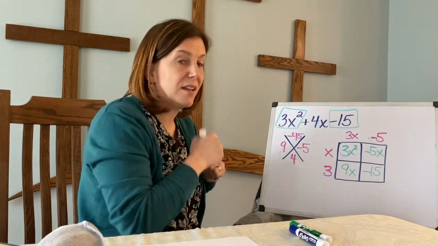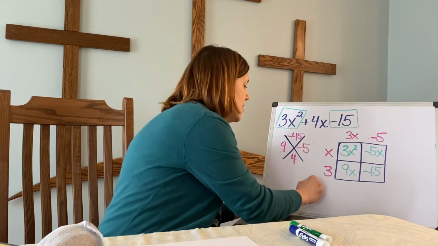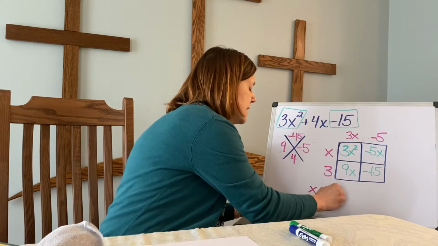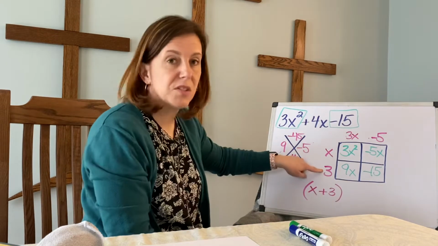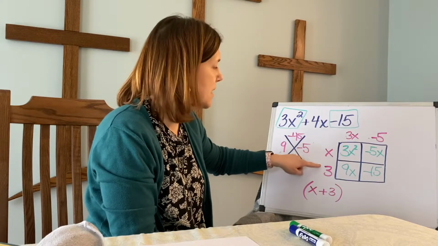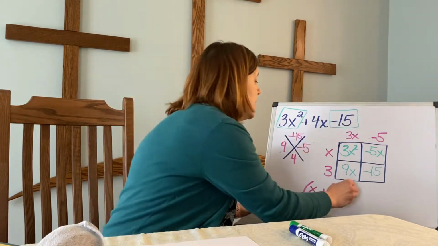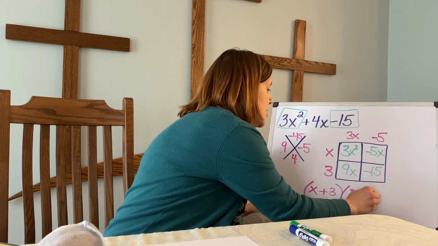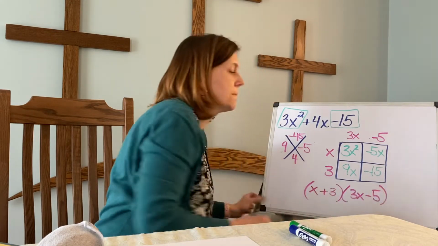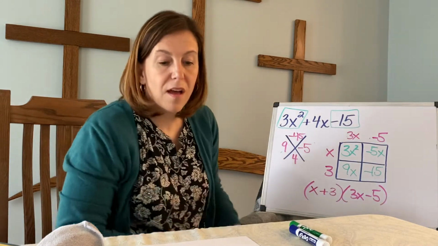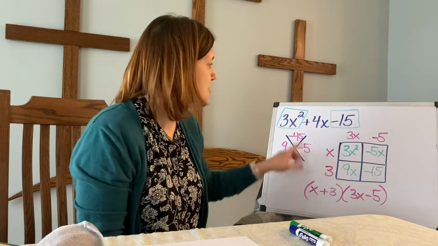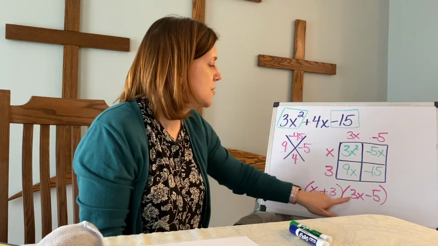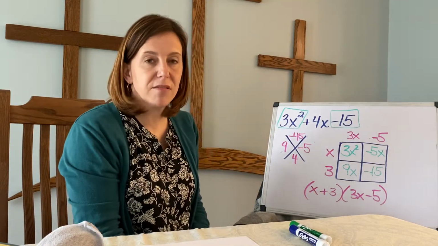And I take the signs with it. What did I get here? Well, that is x plus 3. We assume that's positive because there's no negative. And in the top, I get 3x minus 5. My factored form of this quadratic is x plus 3 times 3x minus 5.